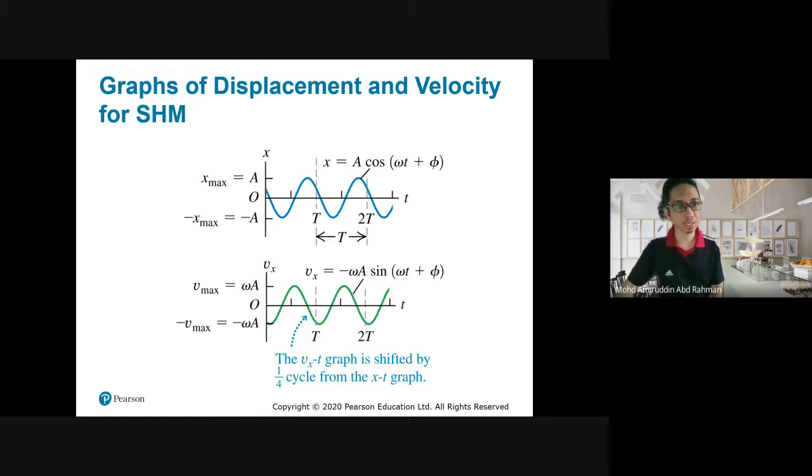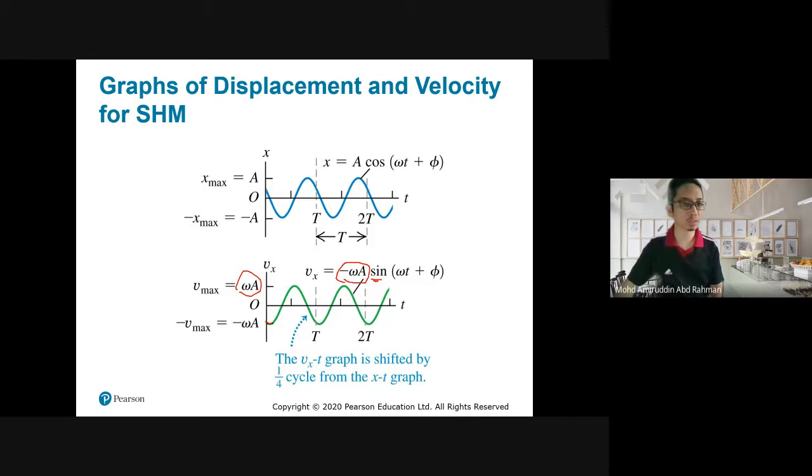And then if we replace that with this one, the amplitude is omega A, so this is also omega A. We note that the equation given here is sine theta, sine over here because it starts from an amplitude.